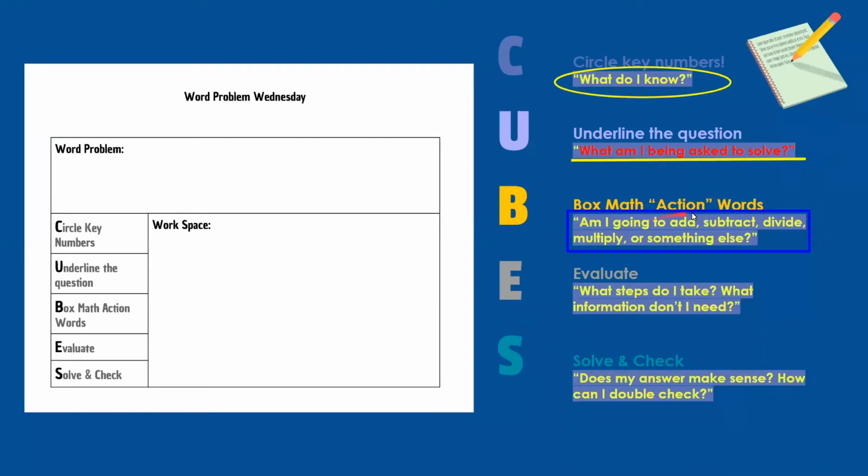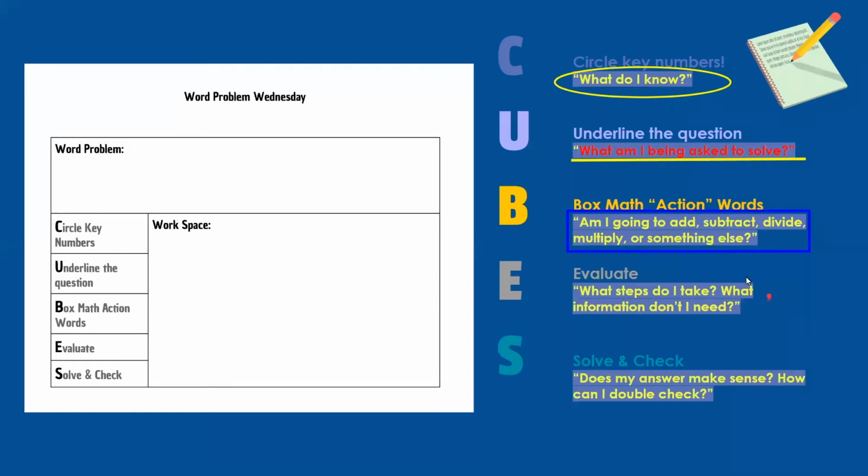B is box math action words. Am I going to add, subtract, divide, multiply, or something else? Sometimes it won't be very clear, and it won't say add or subtract. It may say things like how many or all of, and you just need to infer what sort of math action you're going to take. Then after that, E: we want to evaluate the problem. What steps do I take? What information don't I need?